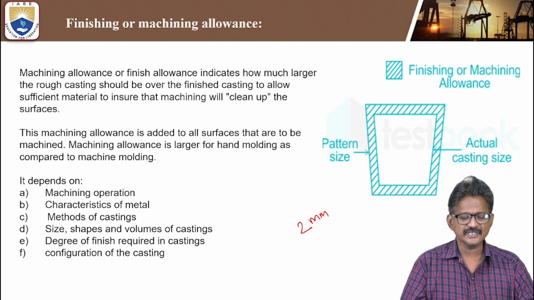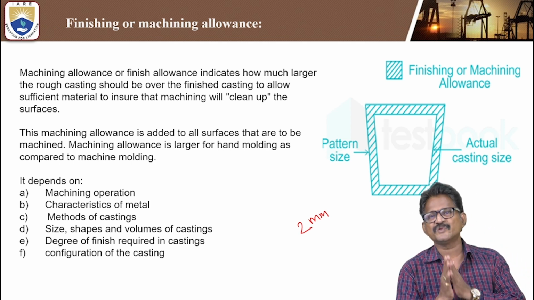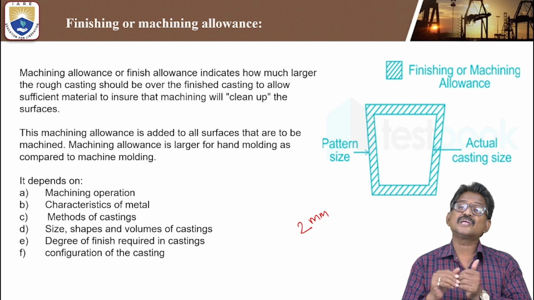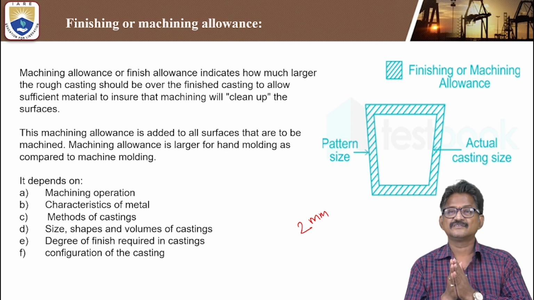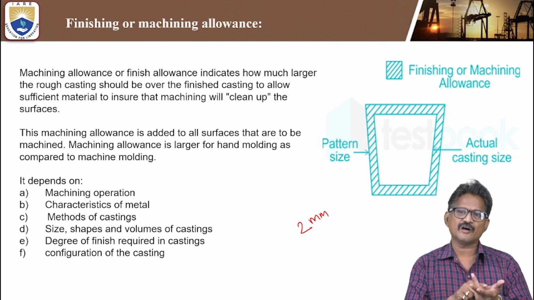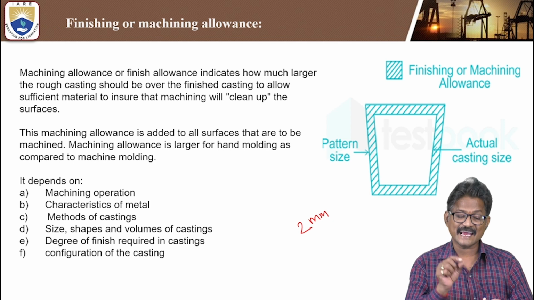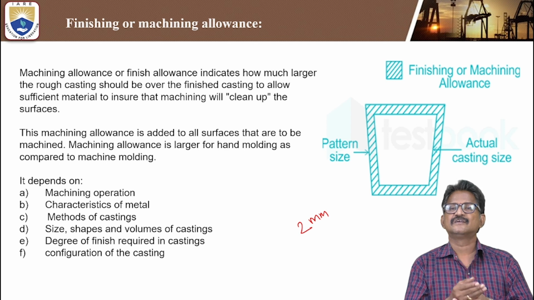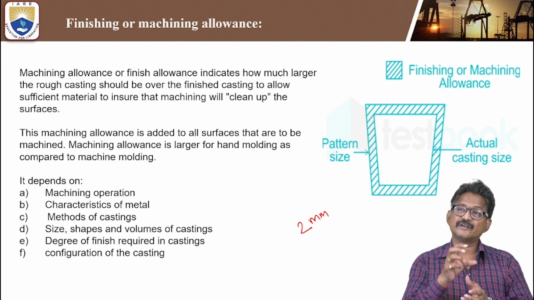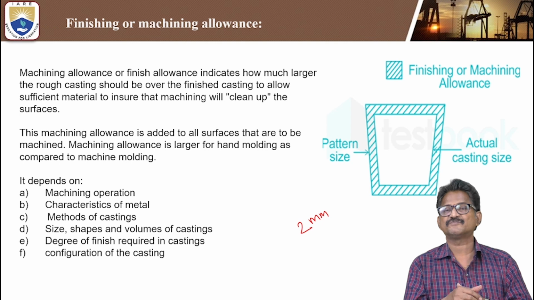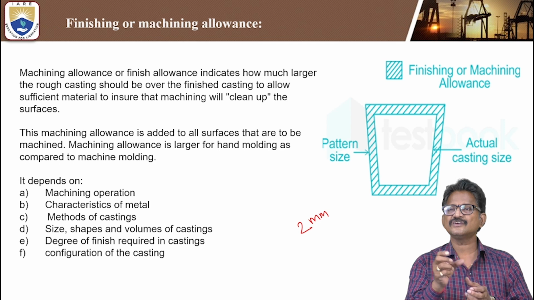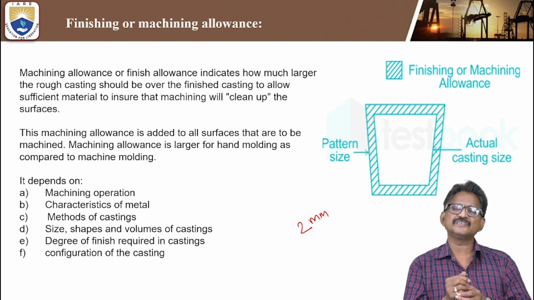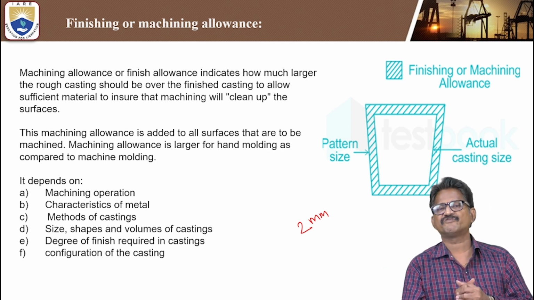Okay, and this machining allowance also depends upon some important parameters, such as what type of machining operation. This is very important. After finishing the component, what type of machining operations can be used, and what are the characteristics of the metal. So either you're using ferrous metal or non-ferrous metal, and what are the important characteristics of the material. If you know those characteristics, then even by applying less machining allowance the final output will be good.